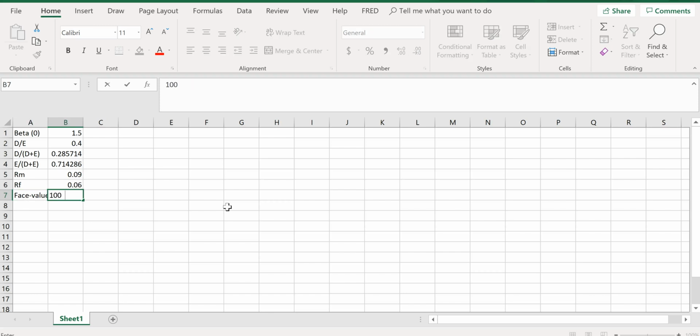Why don't I write down one more step? Coupon rate 7%, and coupon must be equal to the face value times the coupon rate.